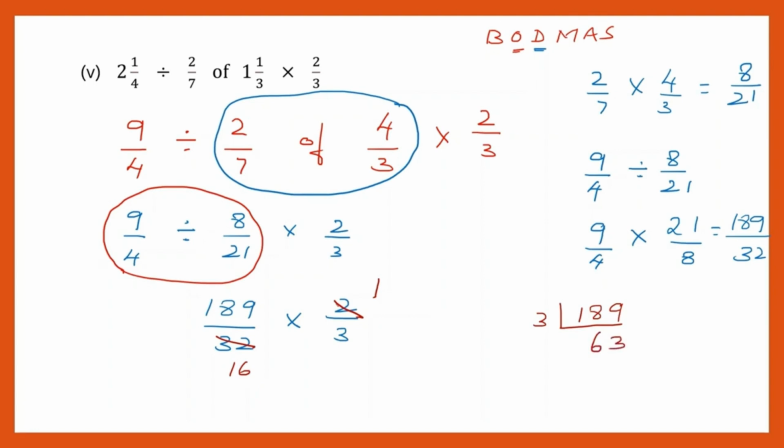That means if you multiply 3 by 63, you get 189. So I can cancel both because both are divisible by 3. 3 ones are 3. 3 63s are 189. So we've got our new fraction as, multiply the numerator, 63 ones are 63, 16 ones are 16.